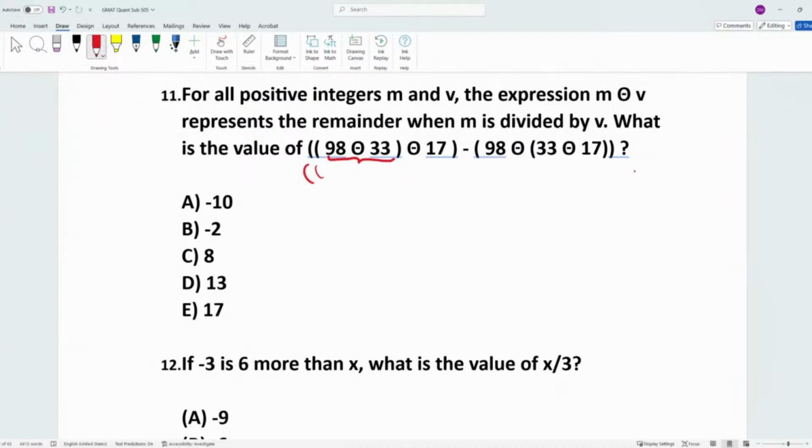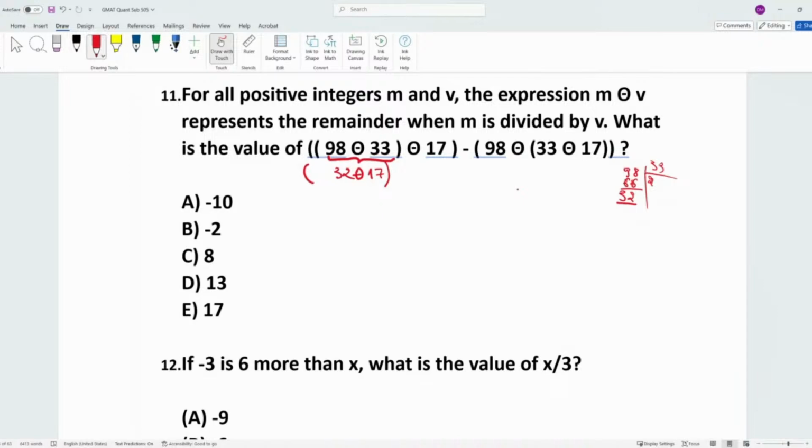So let's say when we divide 98 by 33, as I can see, if I say 3 here, we will have 99 like this, but 99 is greater than 98, so it's 2. 2 times 33 is 66. So we have 32. So this is the remainder. So this will just be 32 here, and we have this 17. So we will come back to it later on.